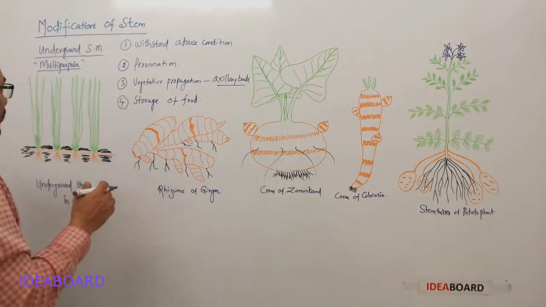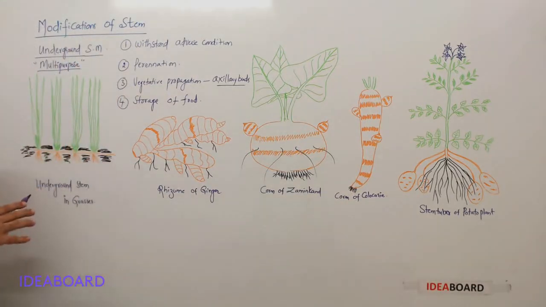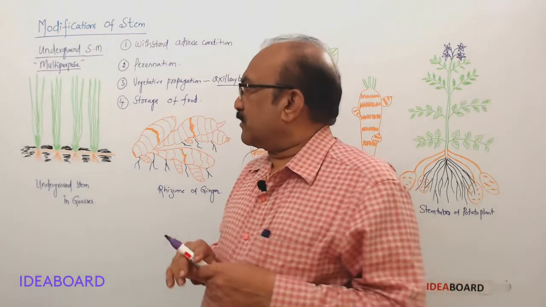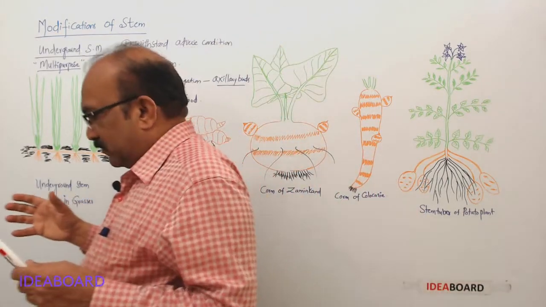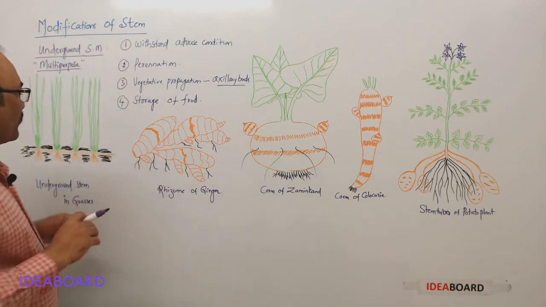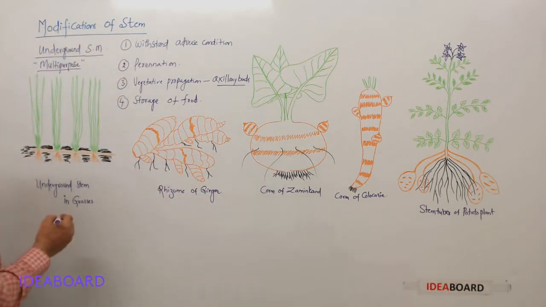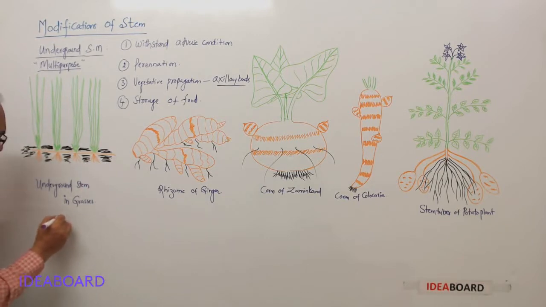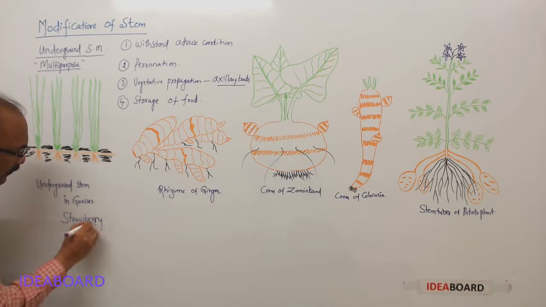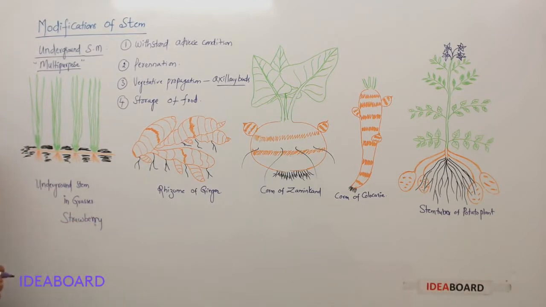These underground stems are found among different plants, and they are of different types. Let us discuss the examples mentioned in our textbook, the grasses and strawberry.